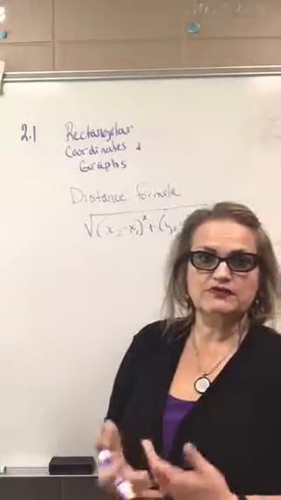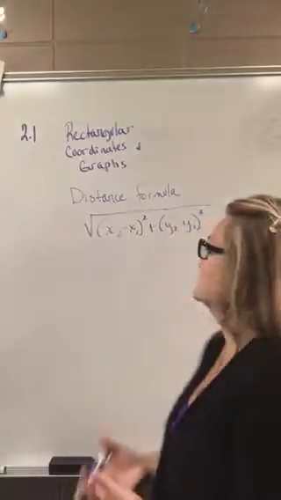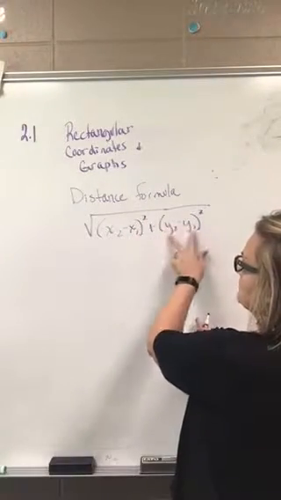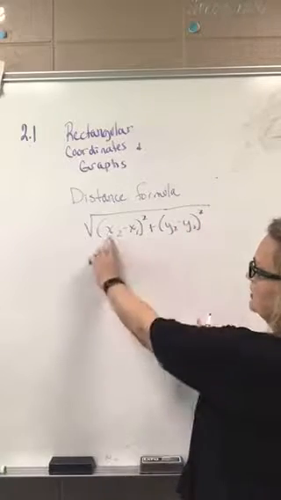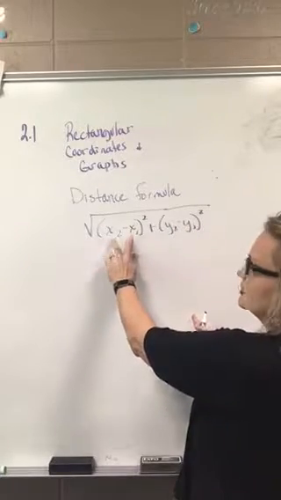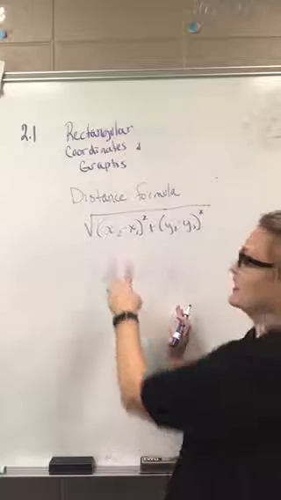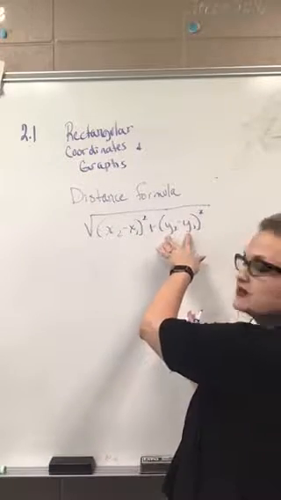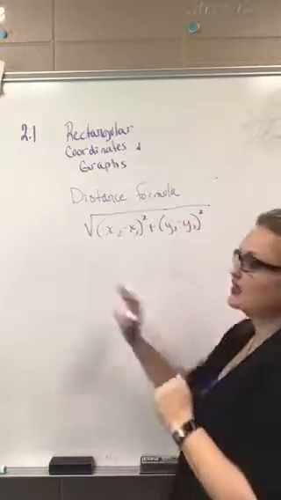If you want to find the distance between any 2 points, it's the difference of the x values in those points squared plus the difference in the y values squared. Again, x sub 2 minus x sub 1. Basically, just subtract your x values and square it, plus subtract the y values and square it, and then take the square root of that final answer.